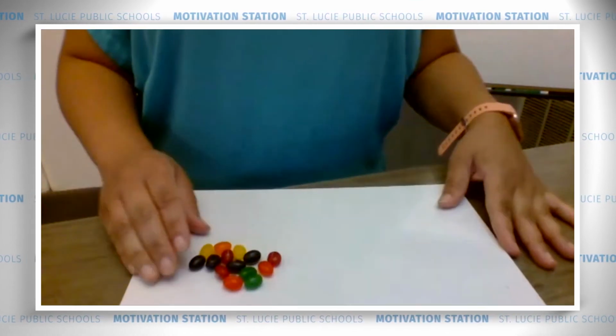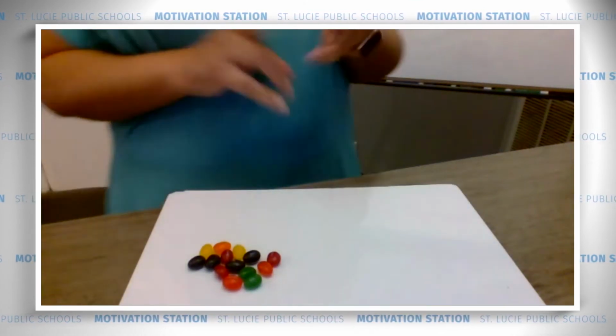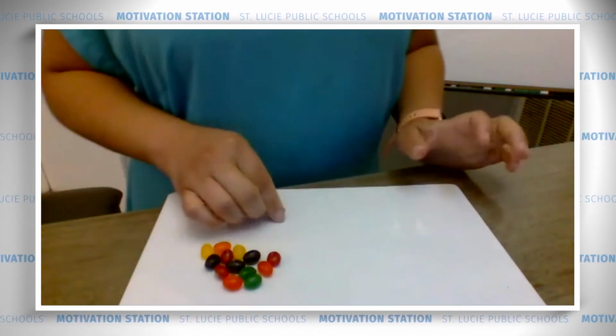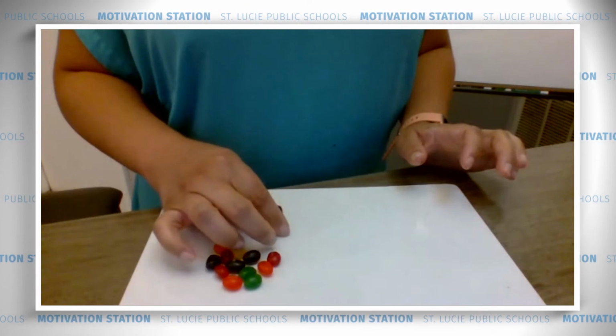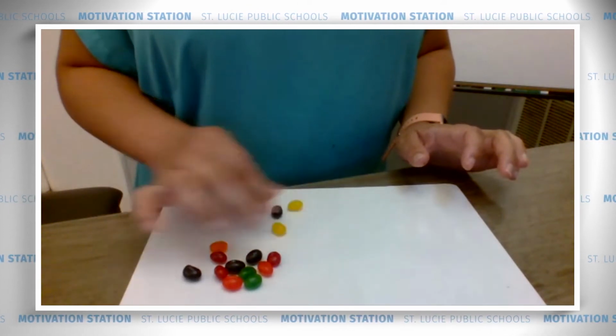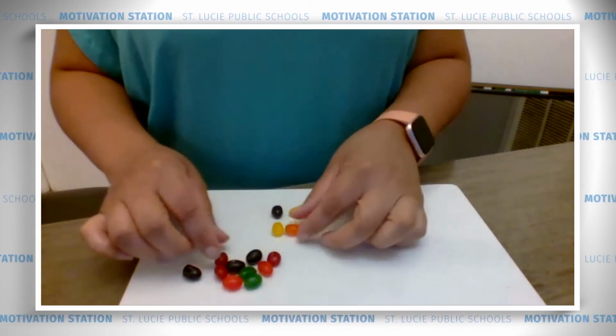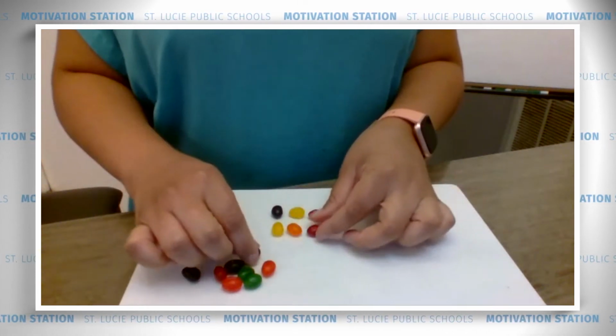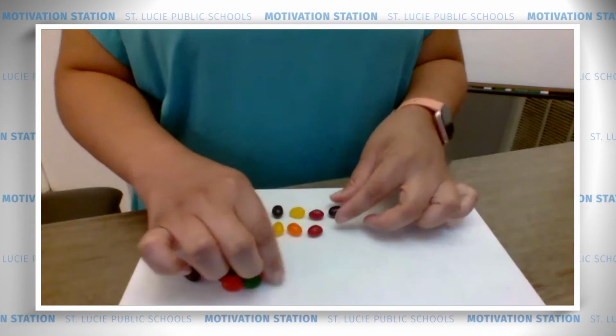And an array is created by those two words that we used, rows and columns. I'm going to take my jelly beans and organize them into 2 rows, and then I'll see how many I have in each row.